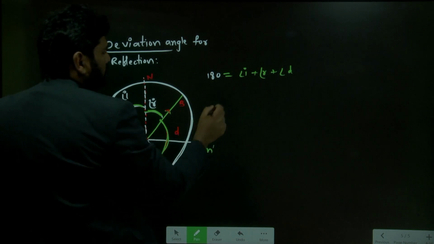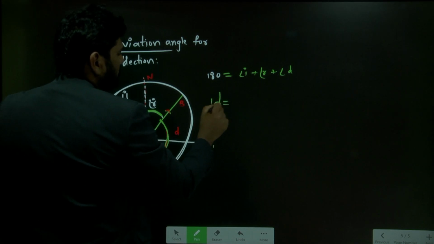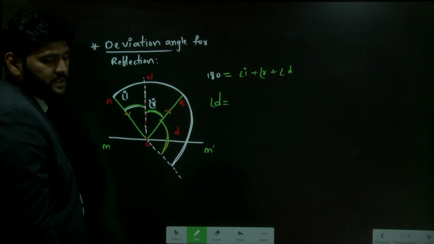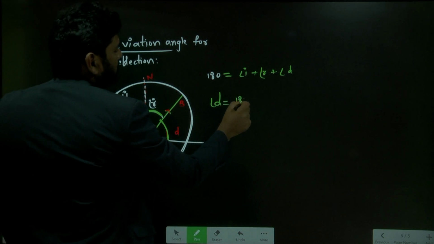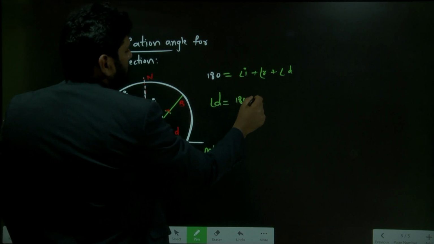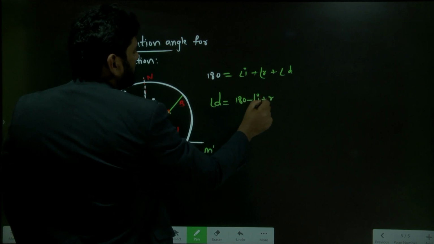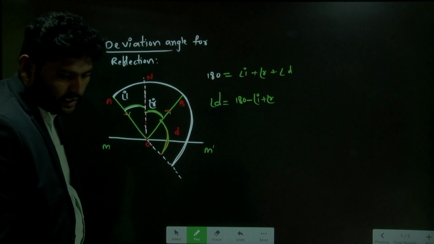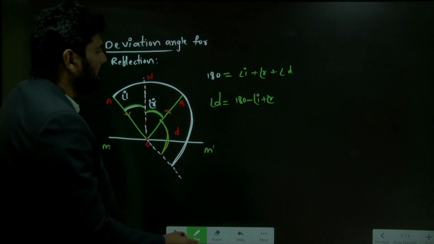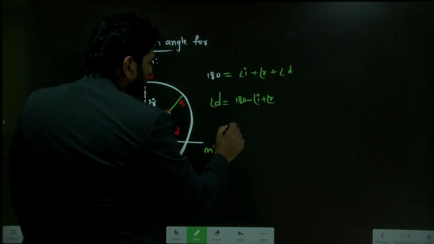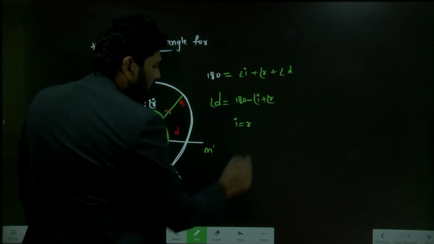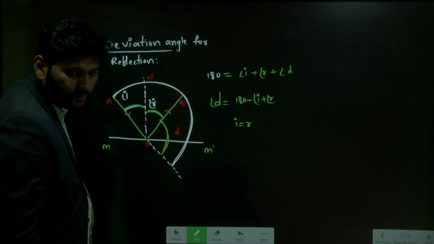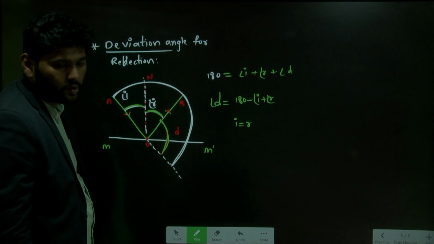From here, the deviation angle is equal to 180 minus (incident angle plus reflected angle). But as you know, according to the laws of reflection, from the first law, angle i is equal to angle r.